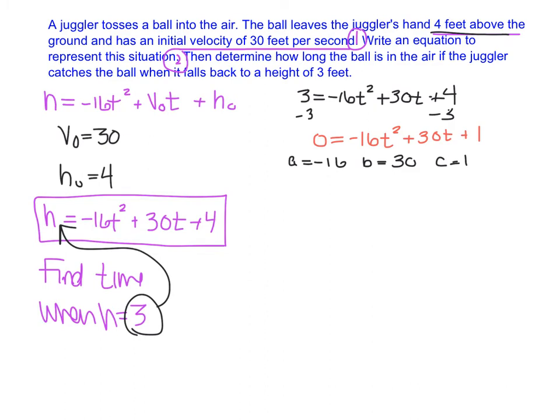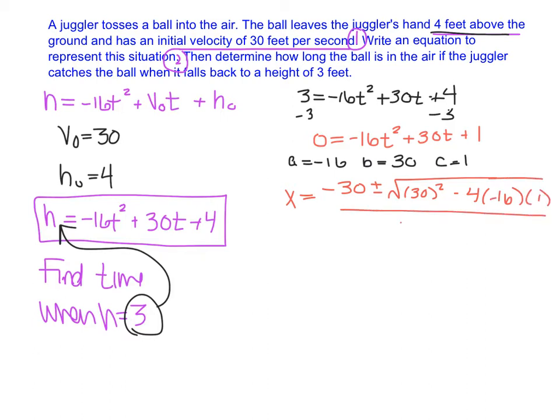So here I take x equals negative b, which is 30, plus or minus the square root of b squared, so 30 squared, then minus 4 times negative 16 times c, which is 1, all over 2 times negative 16.